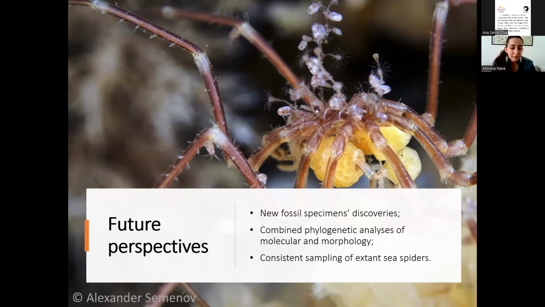And something that we can actually do right now could be to combine phylogenetic analyses of molecular data and morphology, by including also the fossils that we have, so by including in the morphological matrices the fossils of the sea spiders that are described. And something that would also be really useful is to do consistent sampling of extant sea spiders, because there are some families that are really poorly sampled, for which there are just a few sequences, and they are not even of good quality. So this could be really useful.